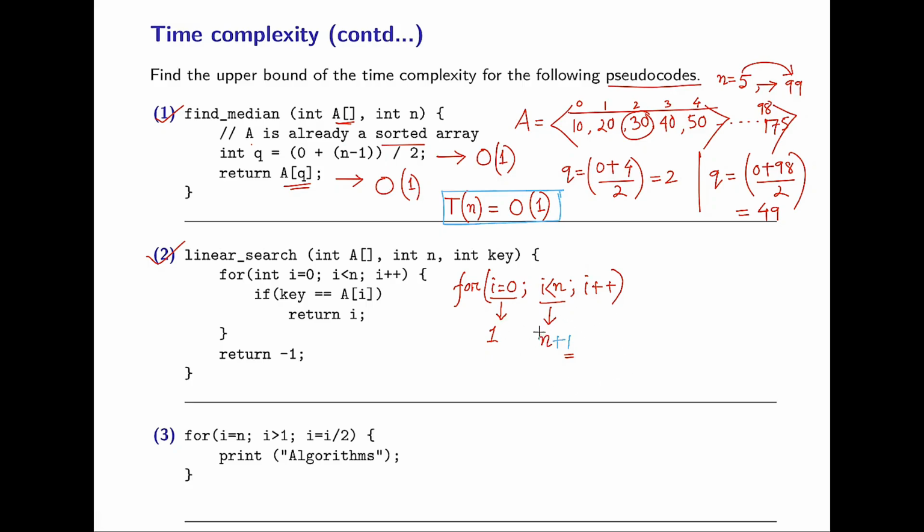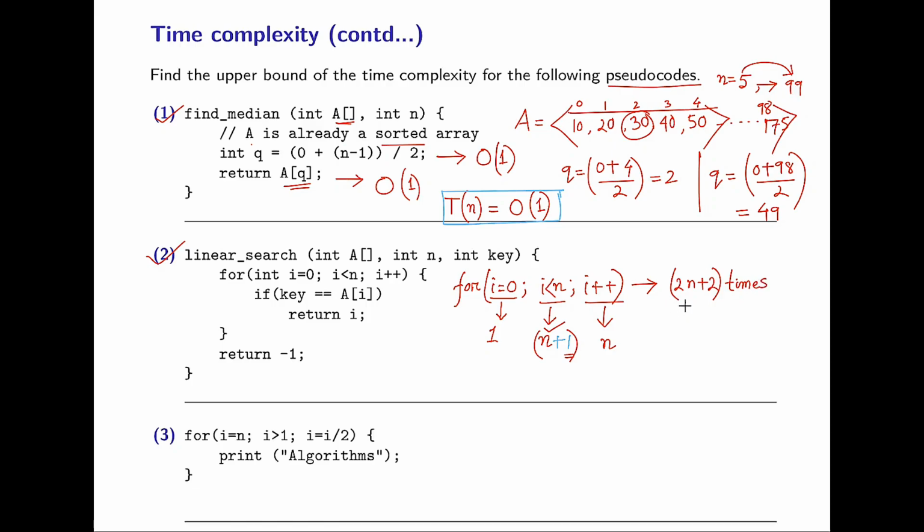So actually it is going to run n plus 1 times. The i plus plus statement will execute n times. So if I sum up, n plus 1 plus n is twice n plus 2. So total twice n plus 2 steps for this loop.